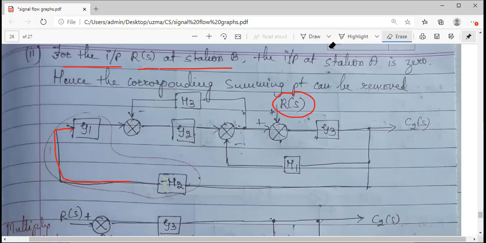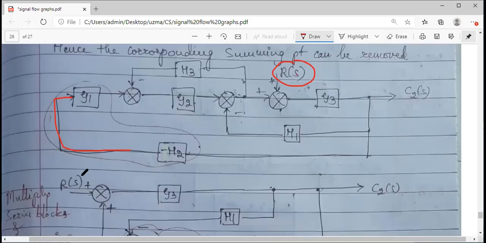So in order to have that kind of block diagram, let me rearrange this complete diagram. You can see R of S, I have drawn it here. R of S to a summing point. It is connected to G3 and finally C2, not C, this time C2. Earlier it was C1, now it is C2.